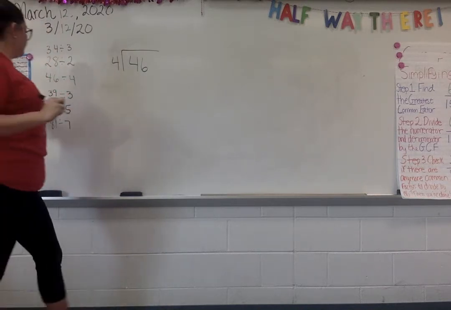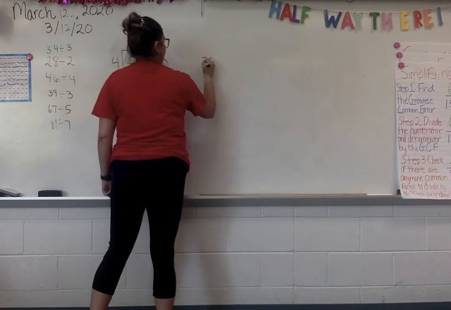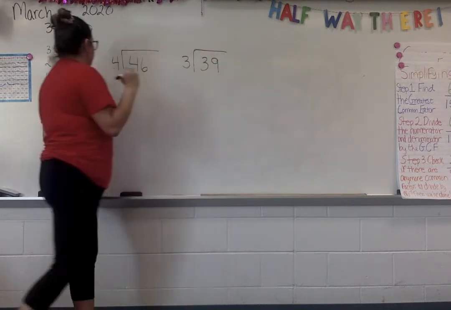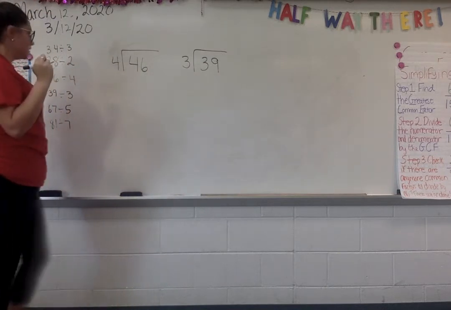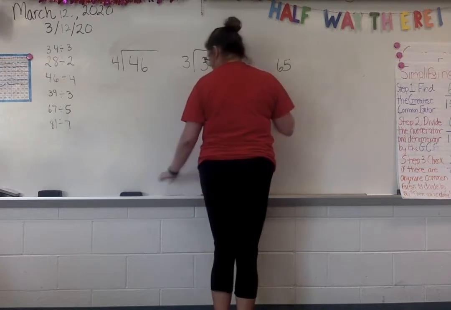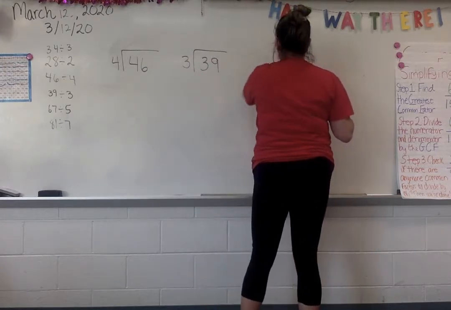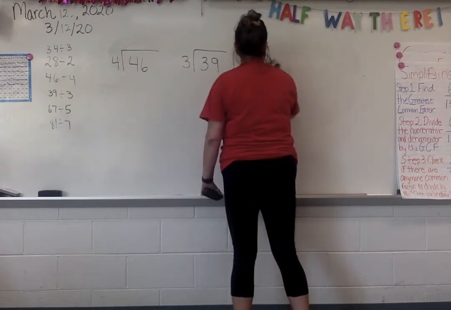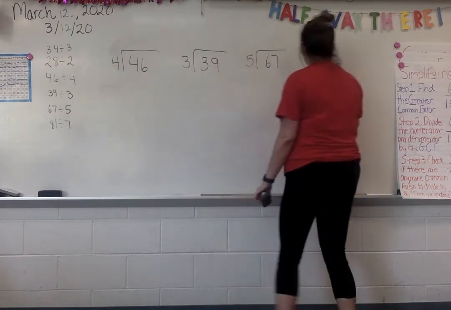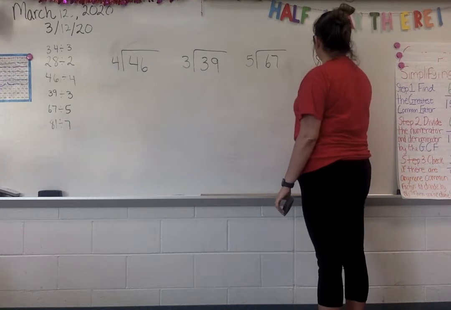Then we'll do 39 divided by 3, 67, oh, I wrote the wrong thing. 67 divided by 5, and 81 divided by 7.